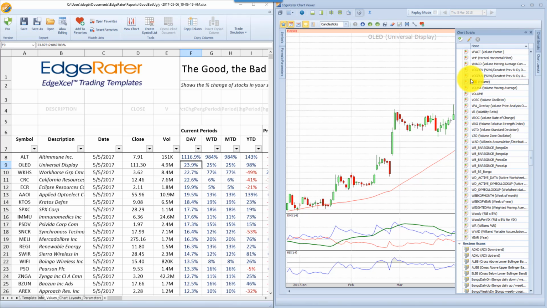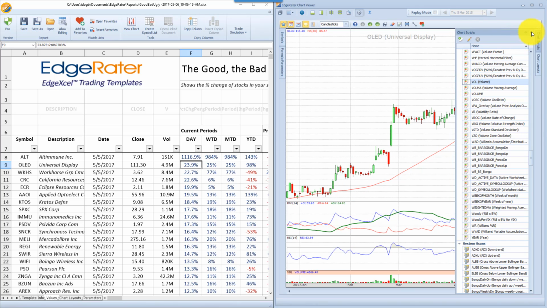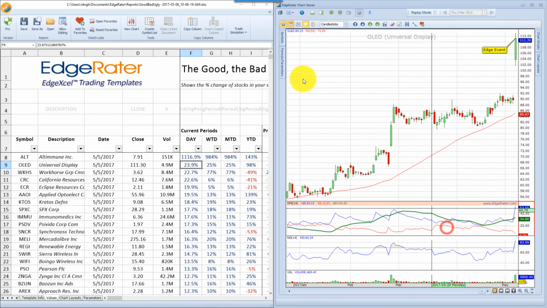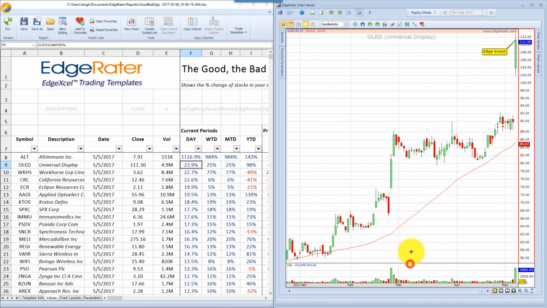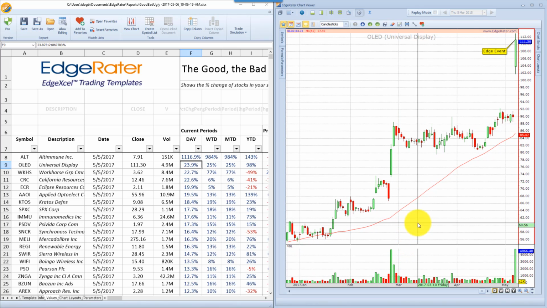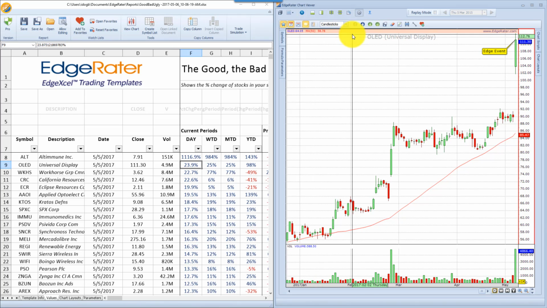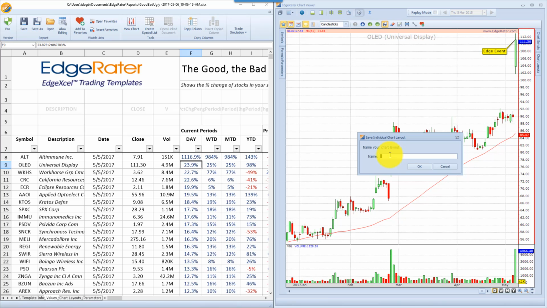I quite like to look at volume, and I might remove these two areas just to clean it up a little bit. So take out RSI and take out ADX. So here, and I might just save this layout so that I can access it easily in the future. So I can do that by clicking on the save chart layout, and I'll just say clean. It's a clean chart.